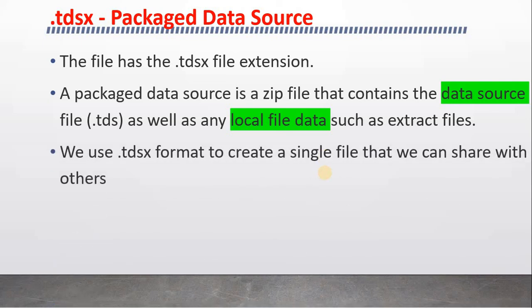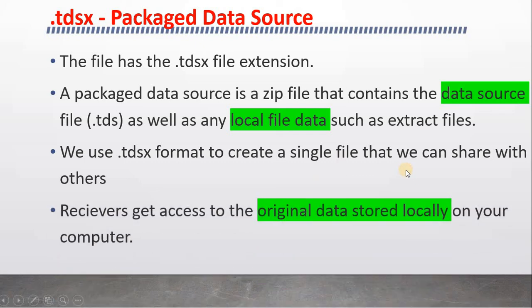So this is a single file, as I already said, that's easy to share. Receivers also get access to the original data stored locally. Why? Because it is packed, zipped into the packaged data source. That's how it is different from the snapshot or the shortcut.